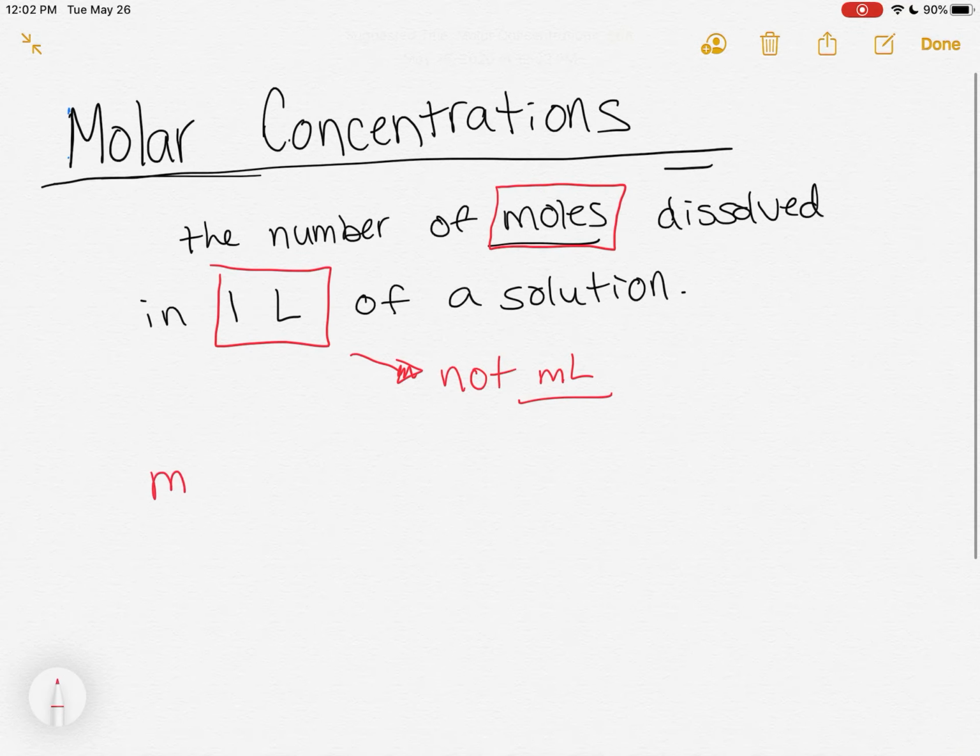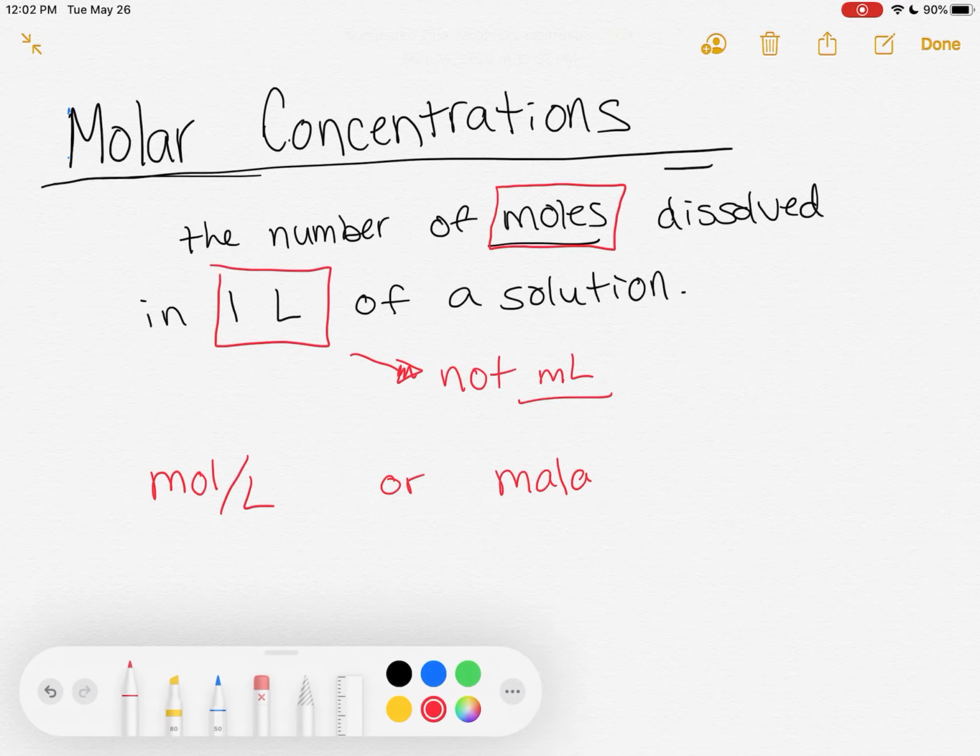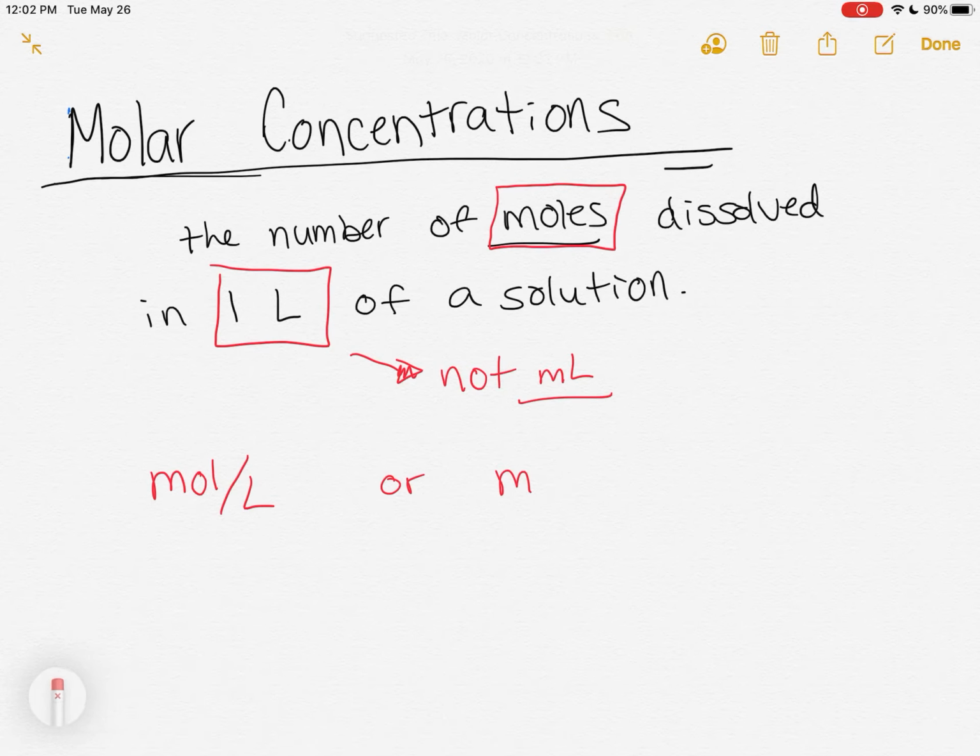So we can't be measuring concentration in anything but moles in 1 liter. Now the unit of concentration is moles per liter. It's also called, in words, molar concentration, or we can use a large capital M to represent molar concentration units.